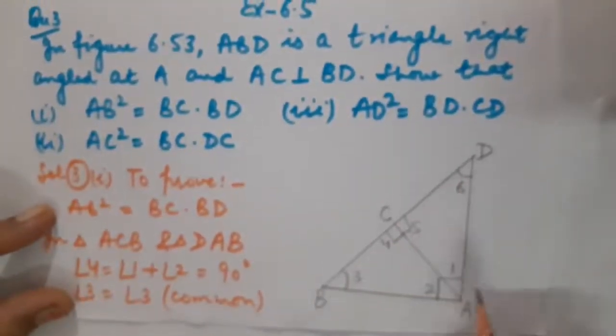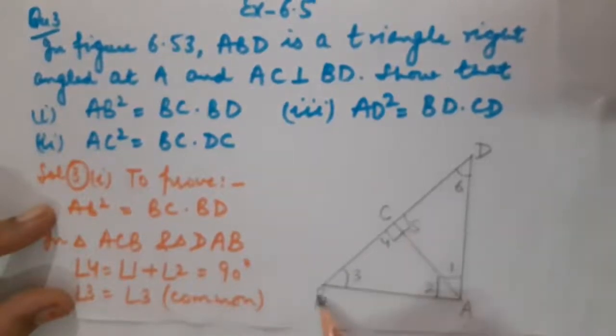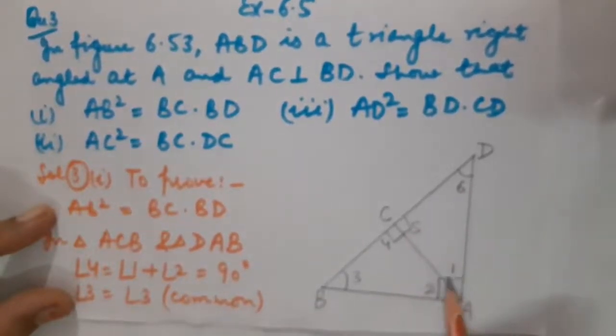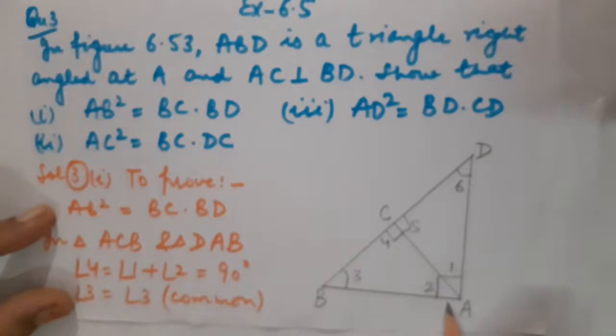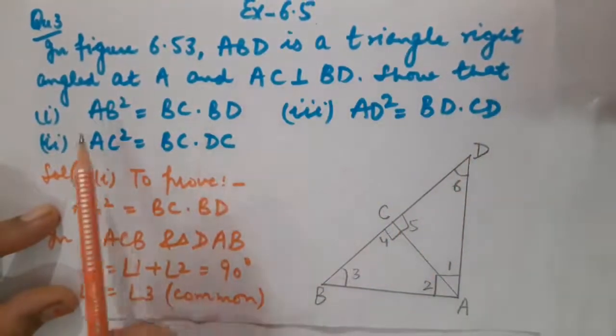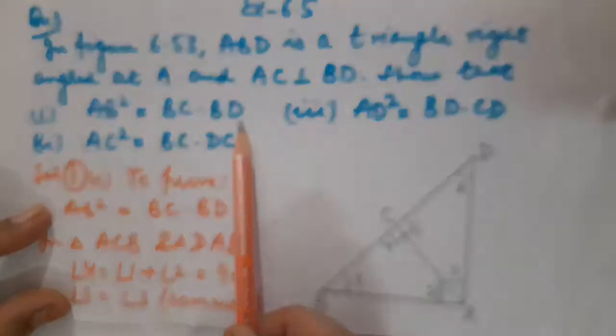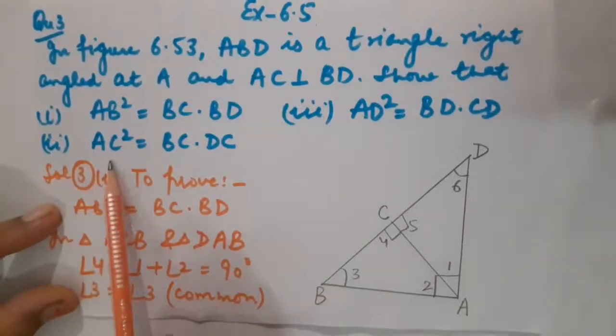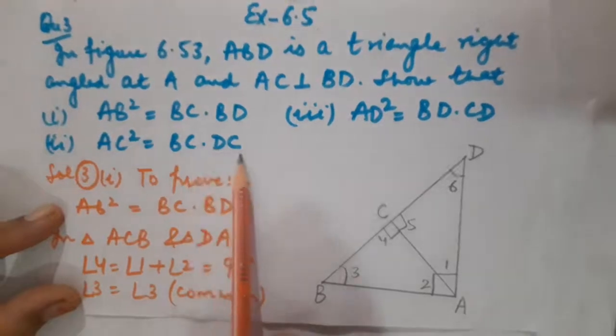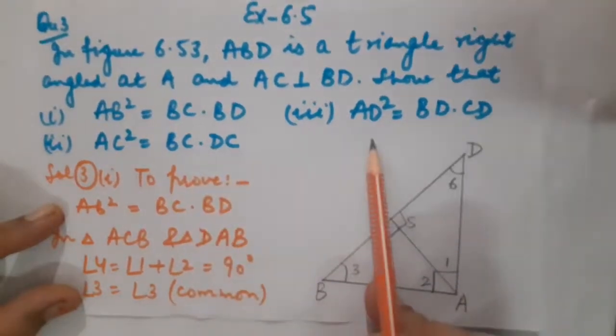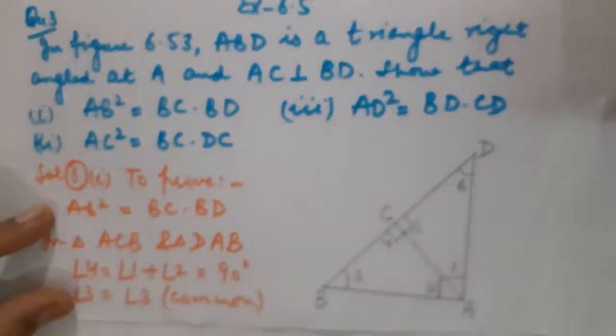Fine. Then we have to show, in the first part, that AB square is equal to BC into BD. Second part, AC square is equal to BC into DC. And in the third part, we have to prove that AD square is equal to BD into CD. Got it?